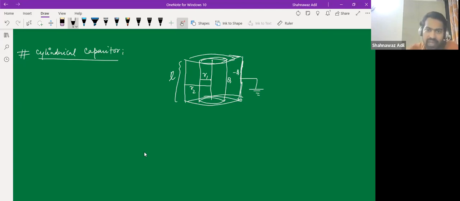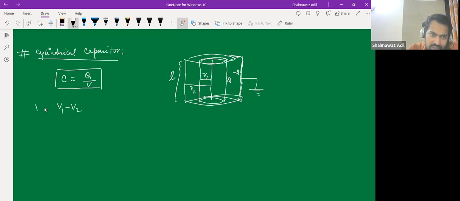So to calculate the capacitance we have to calculate the voltage, right? How do we calculate the potential difference between this point and this point? We have to calculate V1 minus V2 as we did in the previous case.